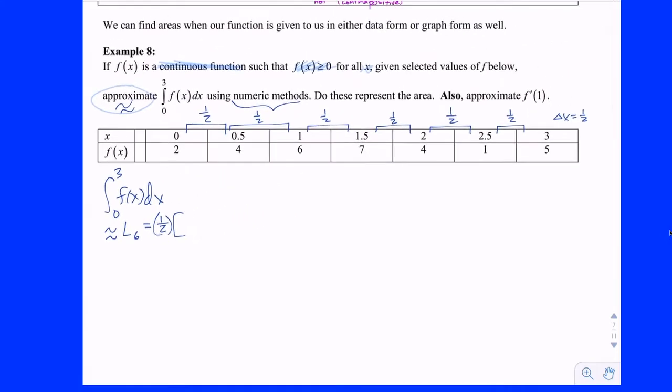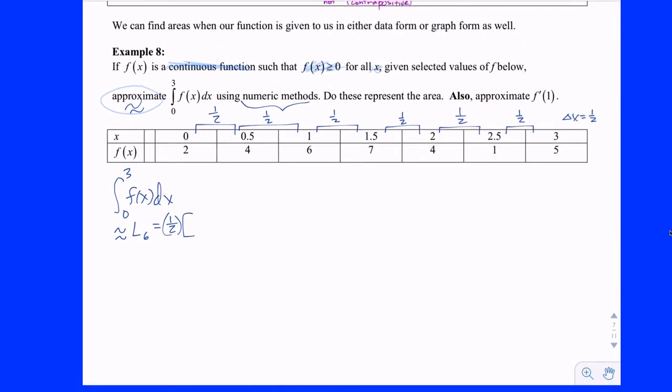For a table of values, remember the left endpoint says on your first interval from 0 to 0.5, you're going to define the height of the rectangle by using the left endpoint, which is x equals 0. So what is f of 0? It's 2. So you would have as your first area 1/2 times 2. The next interval from 0.5 to 1, you would use its left endpoint, so it would be 1/2 times 4. So notice if you're factoring the 1/2 out, it's super easy.